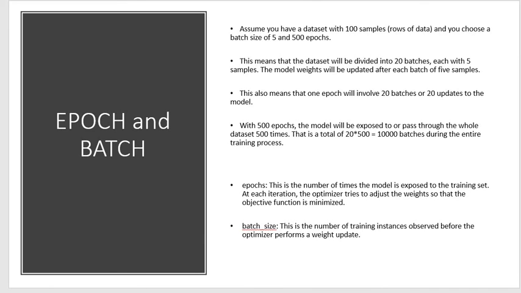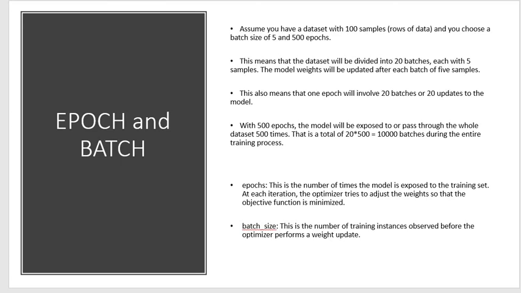So now when your data set is divided into 20 batches, each batch contains 5 samples. The model weights would be updated after each batch of 5 samples. This also means that one epoch would involve 20 batches, or 20 updates to the model.